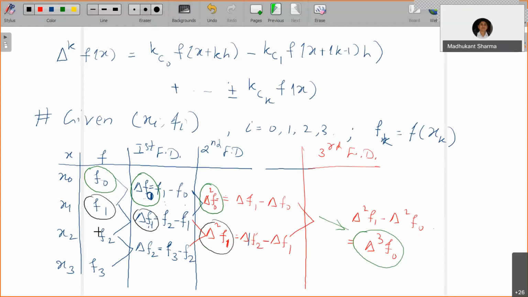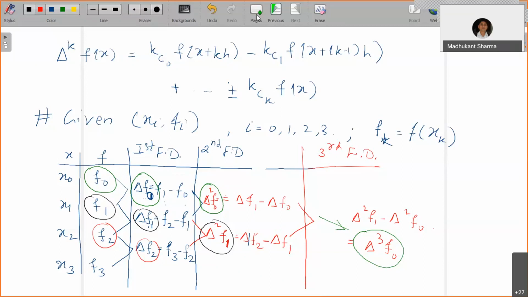For f2 as well, delta f2 is in the downward direction. So when you identify the forward differences of a function at a certain point, you make the forward difference table and look in the downward direction.